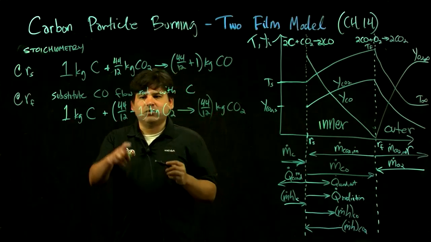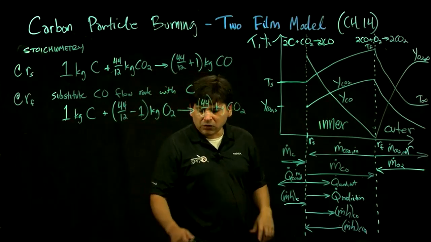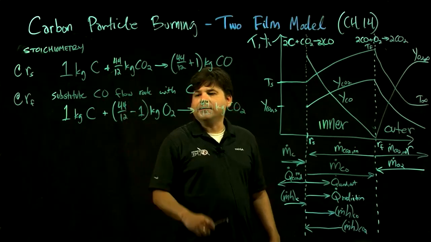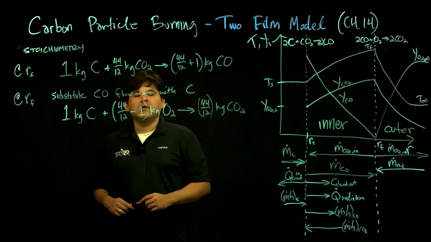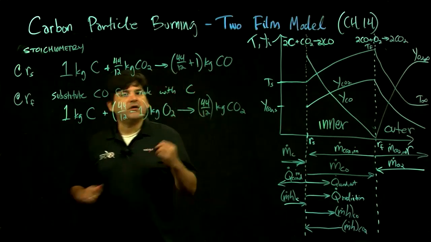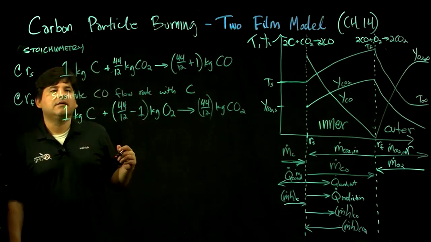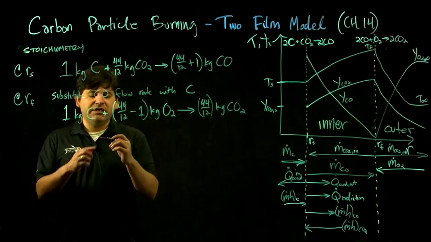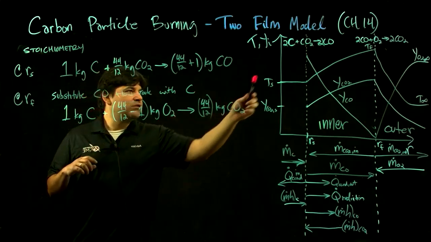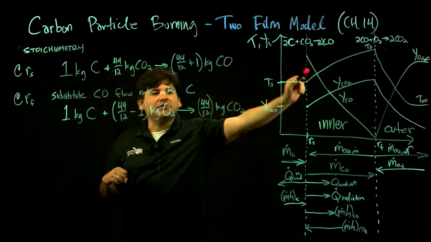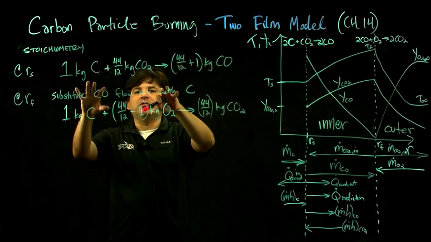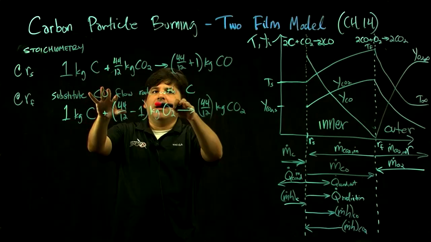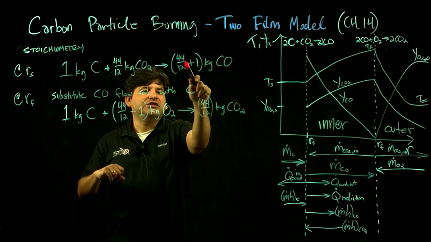Again, this ratio is just converting mass to moles according to the molar mass of CO2 and carbon. So what we see here is that these reactions, balancing the atoms and then converting from atoms to moles to mass, give us the stoichiometric relationships.